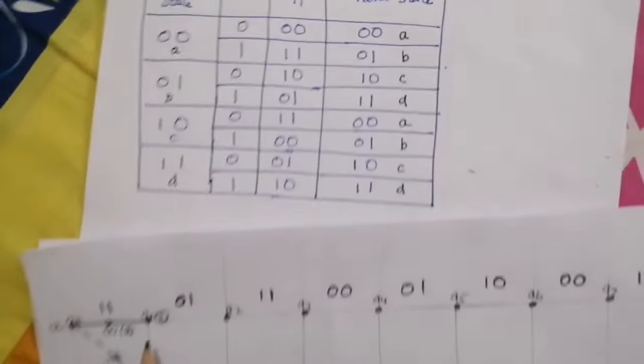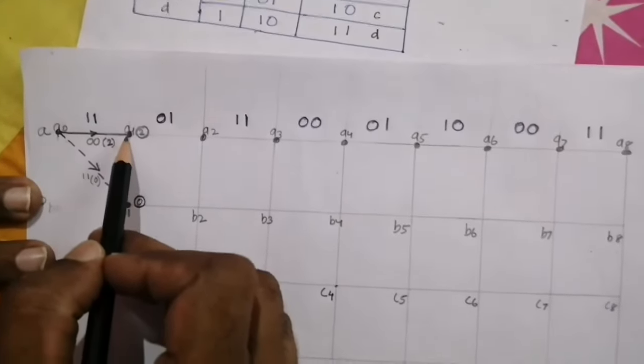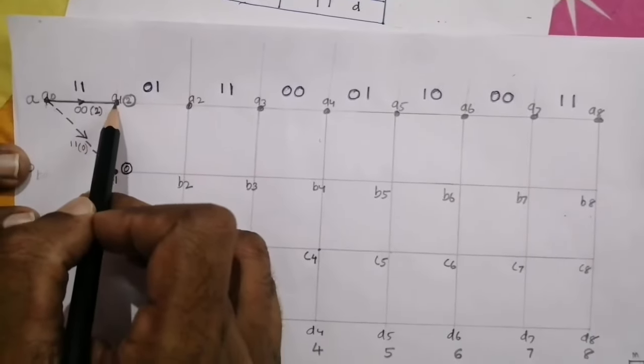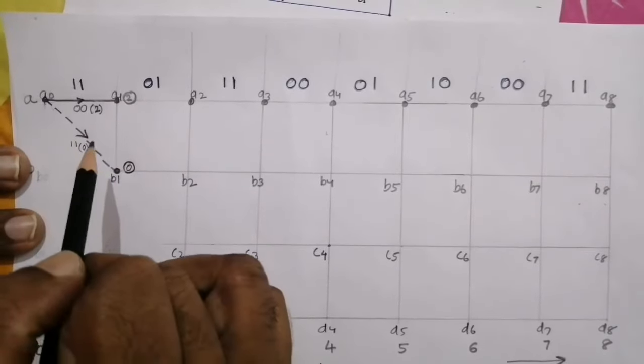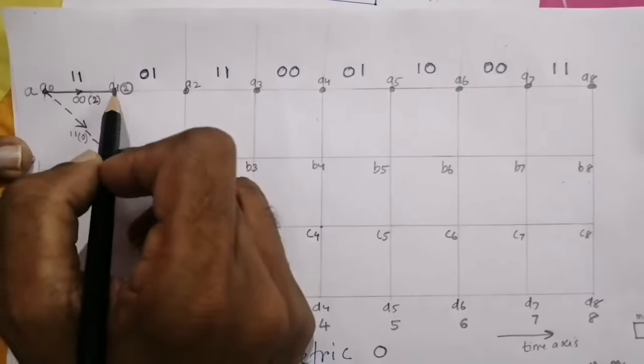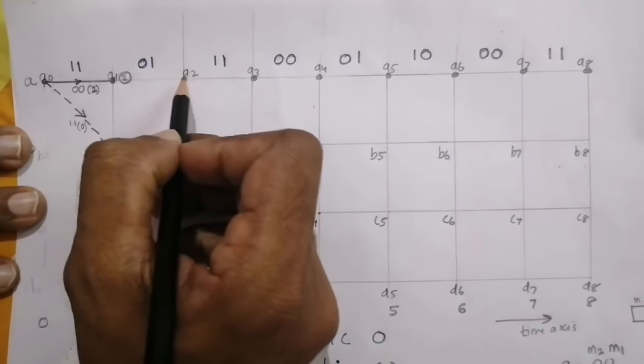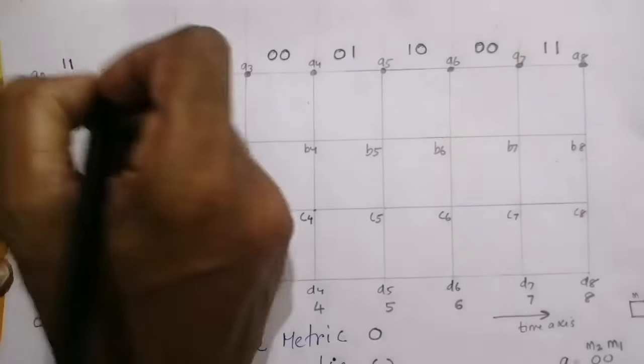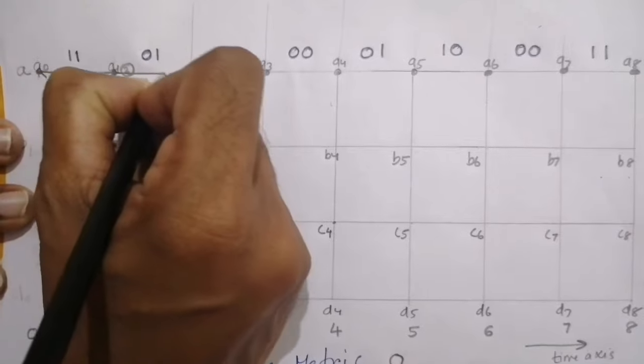Okay. Now at time t equal to 1. So we are currently at state A. Now what happens if 0 comes? If 0 comes, it will go to state A2, and I will draw like this.